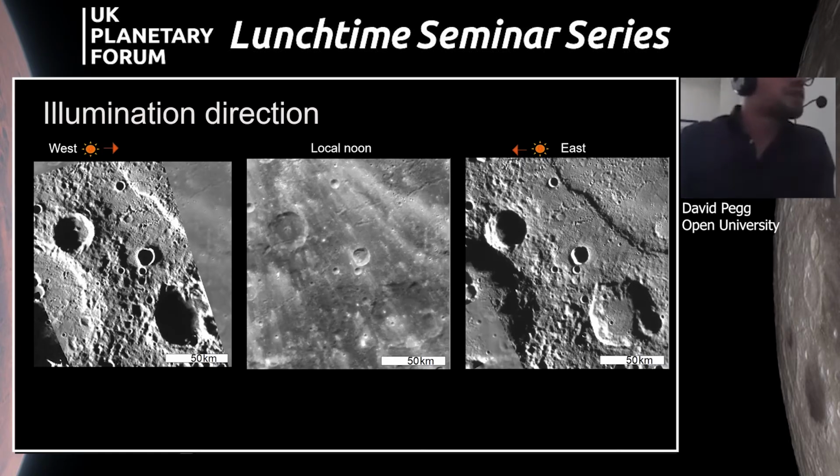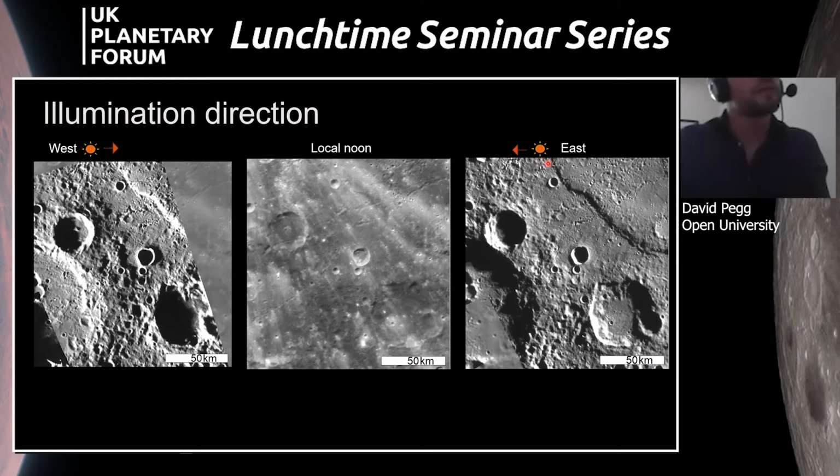And you can see here in the west illumination, the floor of this part of the crater is very clear, but the location of this large crater rim is not so clear. Whereas from the east on this side, you can see the edge of the crater much clearer.